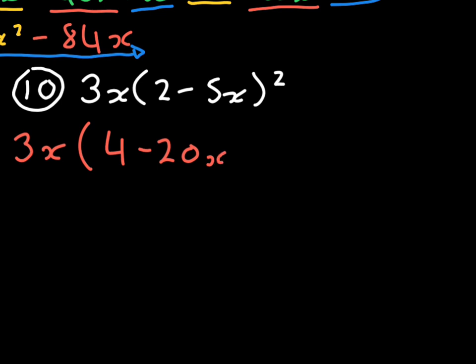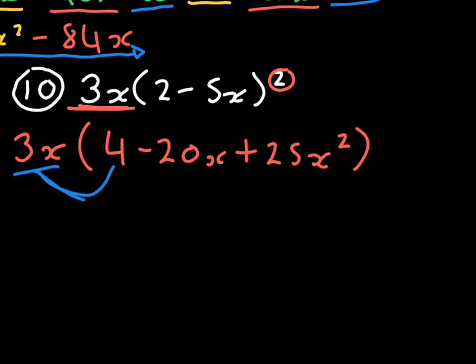And lastly, we square the last term, so minus 5x squared gives us plus 25x squared. Right, so now we have dealt with the squaring of the binomial. We now need to multiply that term into the parentheses. So that means we're going to multiply the 3x by the 4, by the minus 20x, and by the 25x squared.